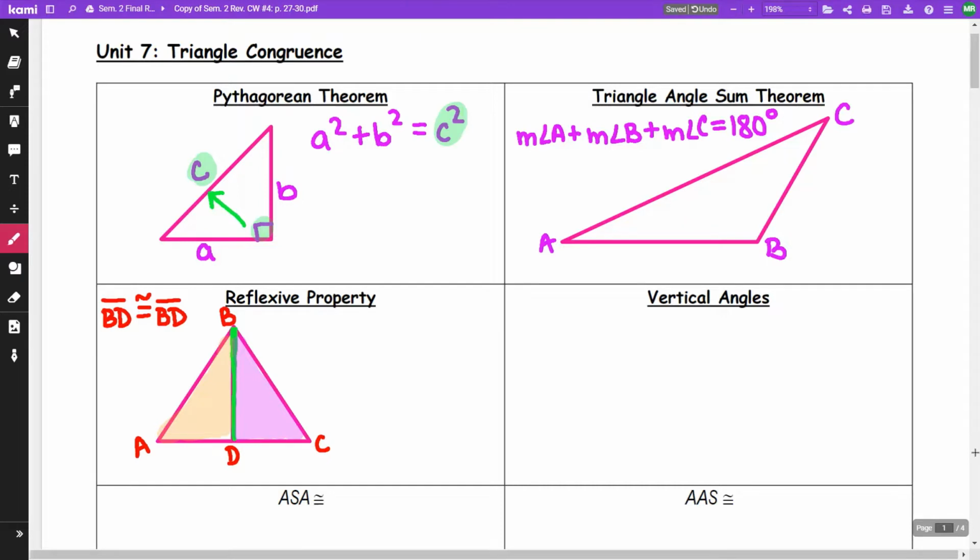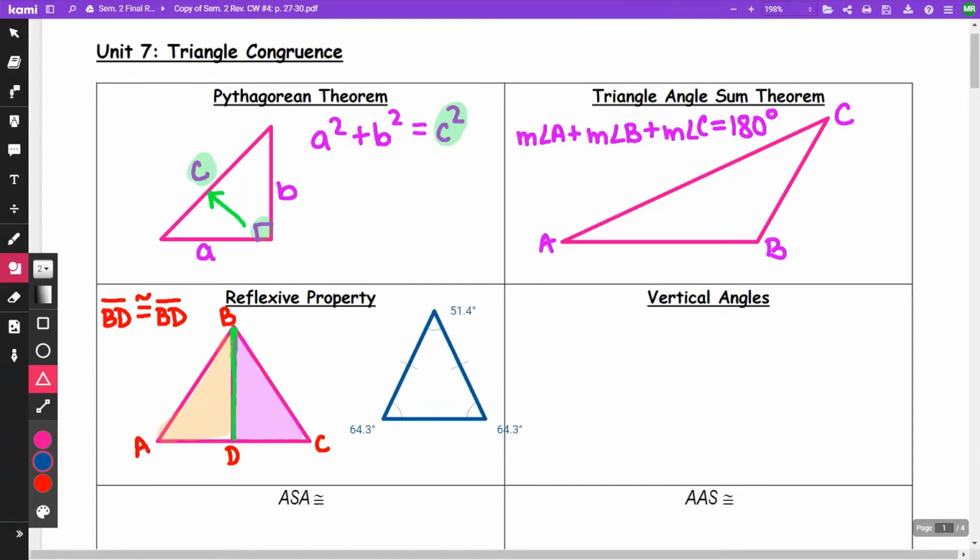Another situation you might see is something like the following. So let's say we have another triangle, okay? And let's say that we have a situation like this.